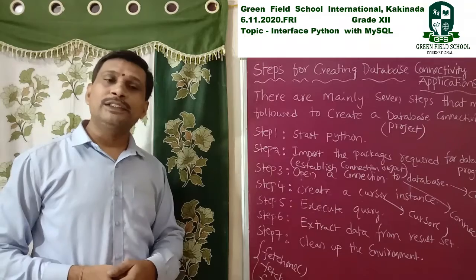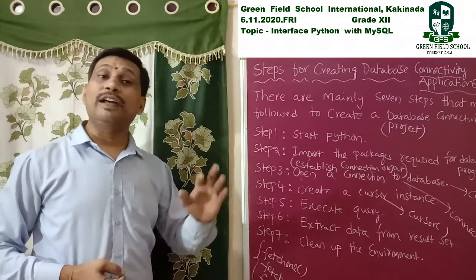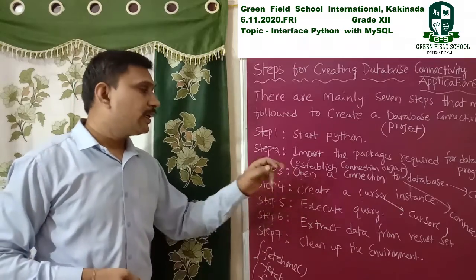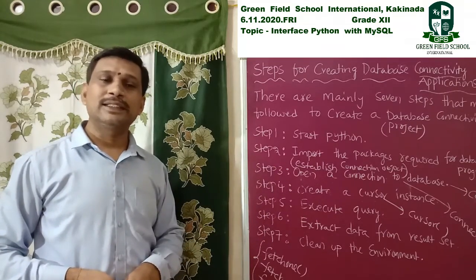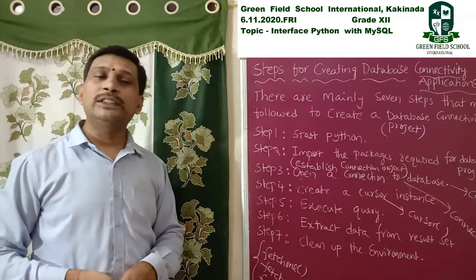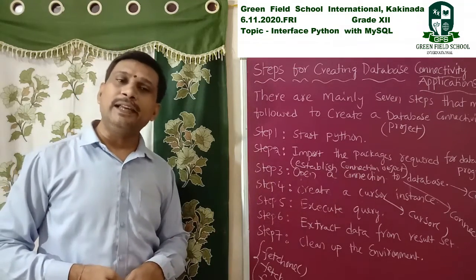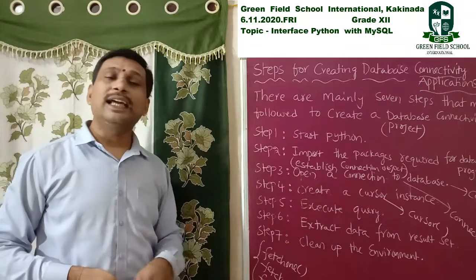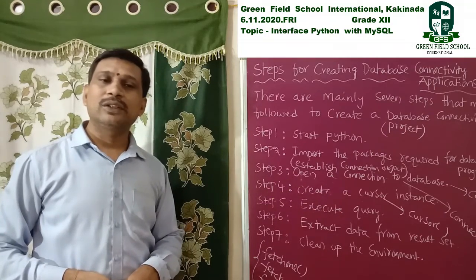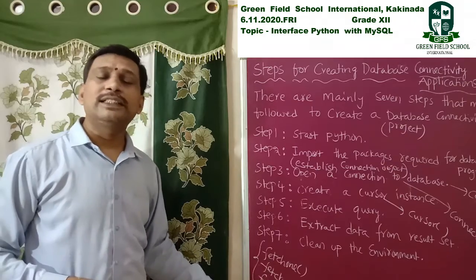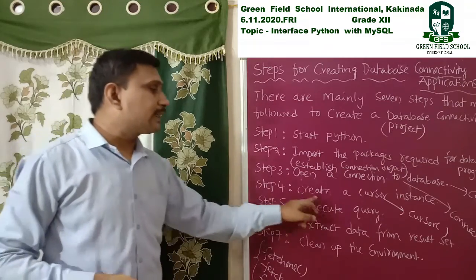Fetchall means we process all the records using a for loop from this cursor instance. Fetchmany means we process more than one record at a time from this cursor instance. According to our requirement, we use any of these three methods.